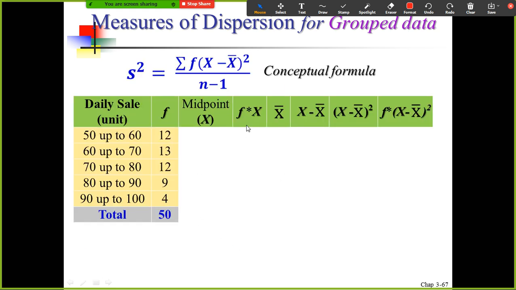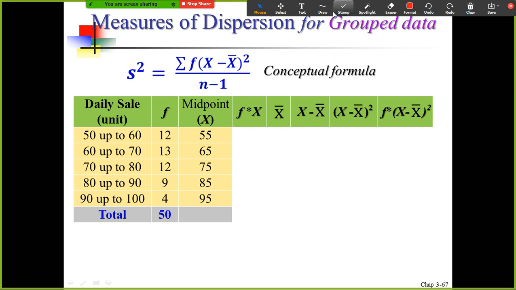Okay, so first I will use the conceptual formula in order to find the variance, and then after finding the variance, we can find the standard deviation. So this is the frequency distribution from the previous slide. In order to find the variance, you need to find the midpoint. X is the midpoint.